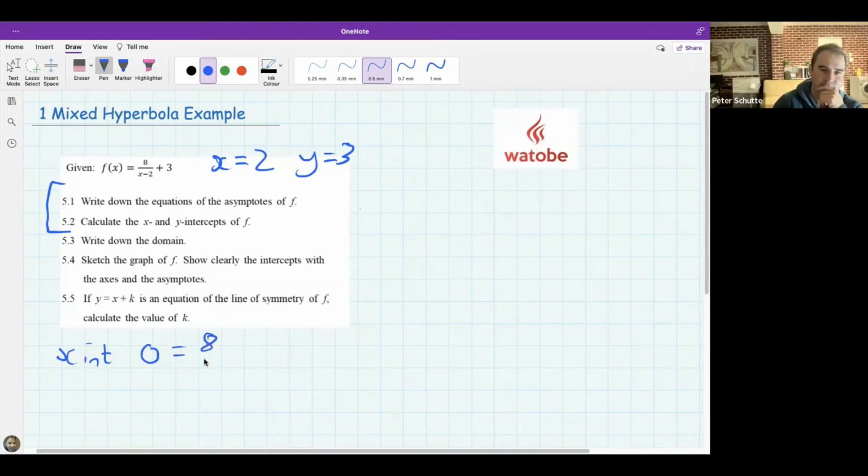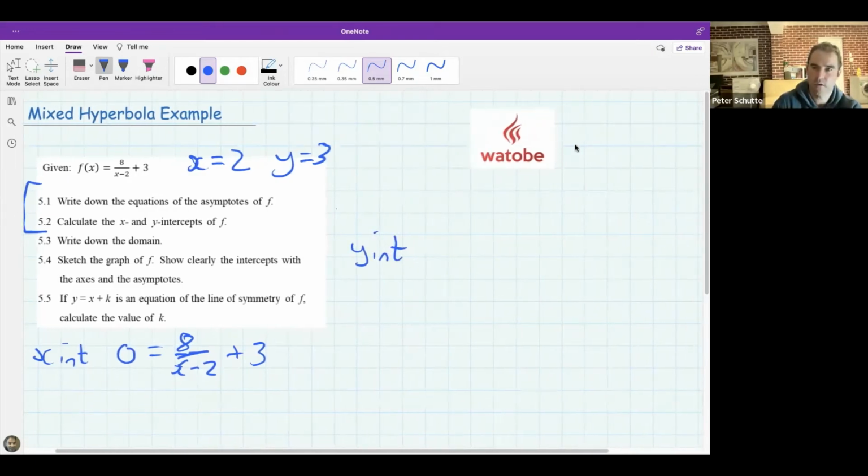The x-intercept is a little bit trickier. And what's the y-intercept going to be like? How does that work? For the y-intercept, we make x 0. So we will just get, we have to solve this one.